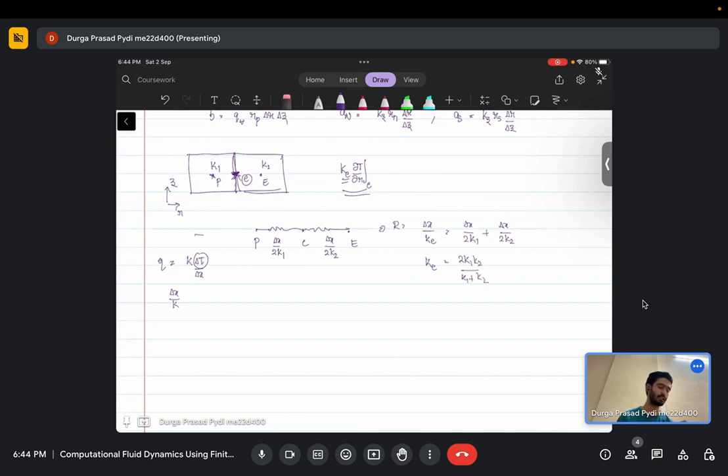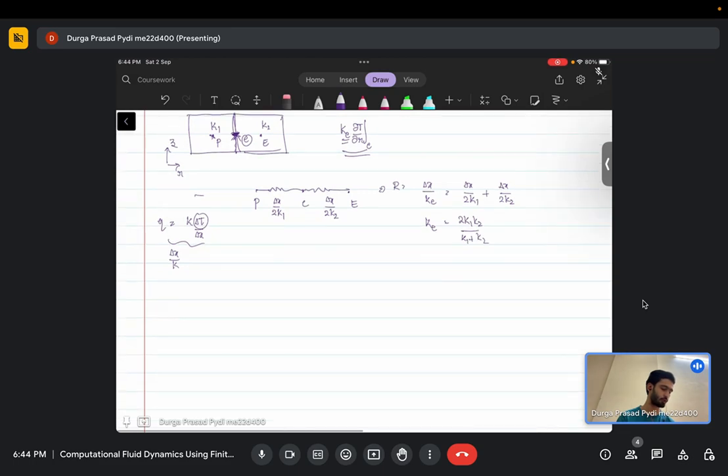But when we are doing it for a cylindrical coordinate system, what is the expression for the resistance? If you recollect from your conduction, how is Q related to your temperature difference in an annular cylinder? So this is my R1. We have an axisymmetric coordinate system. This is R2, and if there is a delta T between these two, how is Q related to delta T in this particular case?